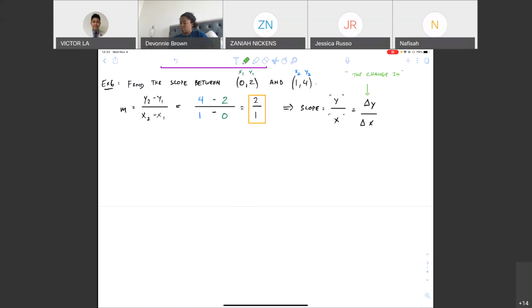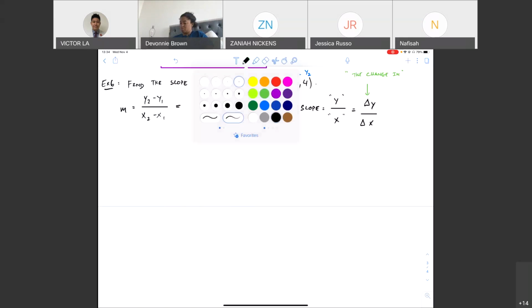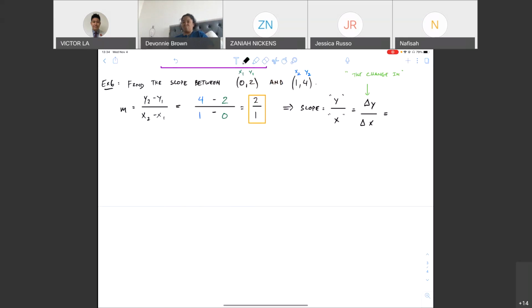And last but not least, sometimes you'll see the slope referred to as the rise over the run. So at one point or another in your algebraic life, you're going to find out that they've always talked about your slope, your equations, whatever you like to call it, in some shape or form like this.